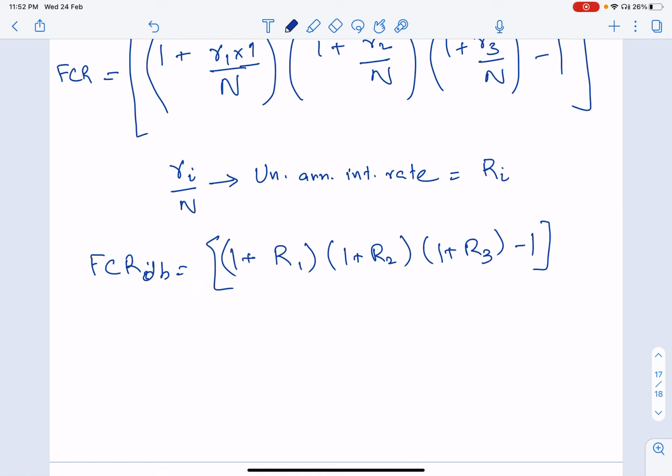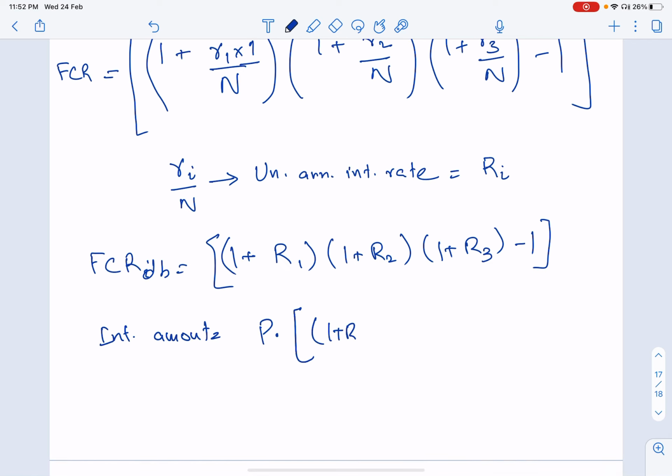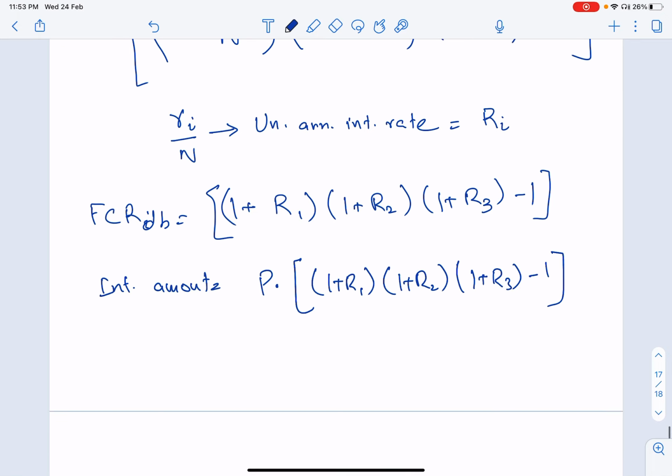And if I were to calculate the interest amount, I'll just multiply P, which is the initial principal, with this equation. Then it becomes P times 1 plus R1, 1 plus R2, 1 plus R3, minus 1, right? This, in its simplest form, is the interest amount. That's how we calculate the interest amount.